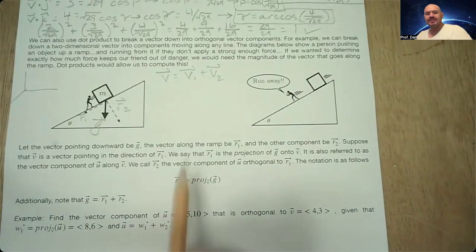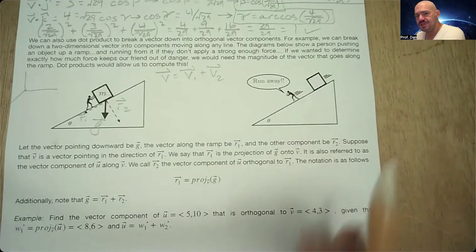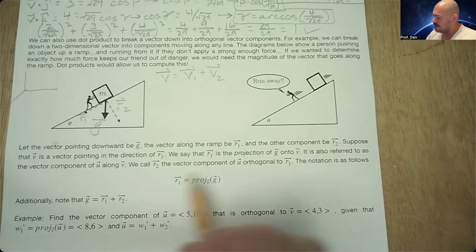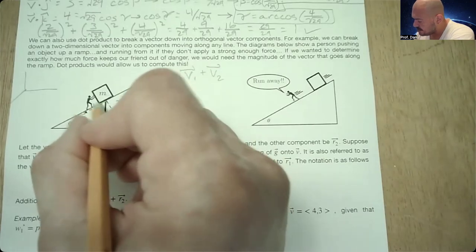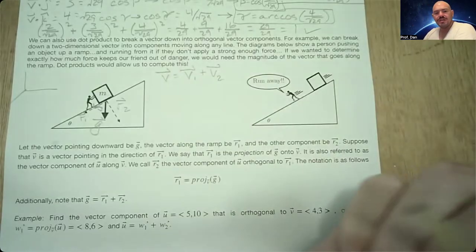Now this next little paragraph here is important to know because when you talk about projections, it's really important to get the order right when you're saying it. Typically we say the projection of this vector onto this vector. For the sake of naming this, we're going to let V be a vector that's only there to indicate direction. Think of it like a unit vector.